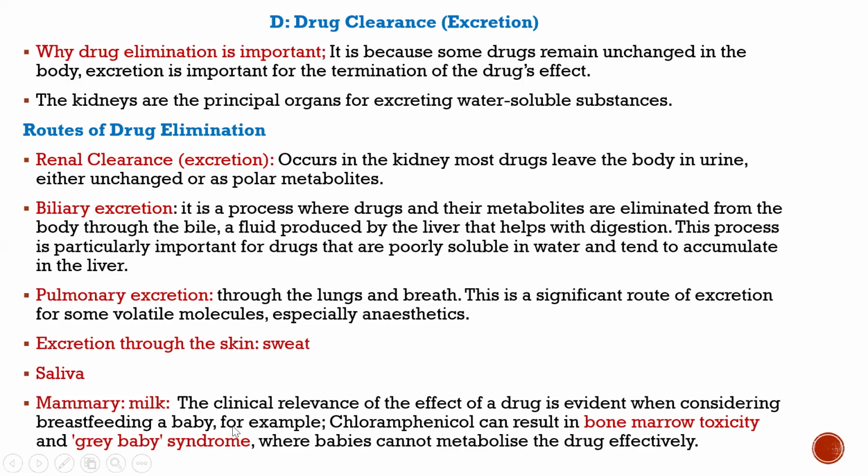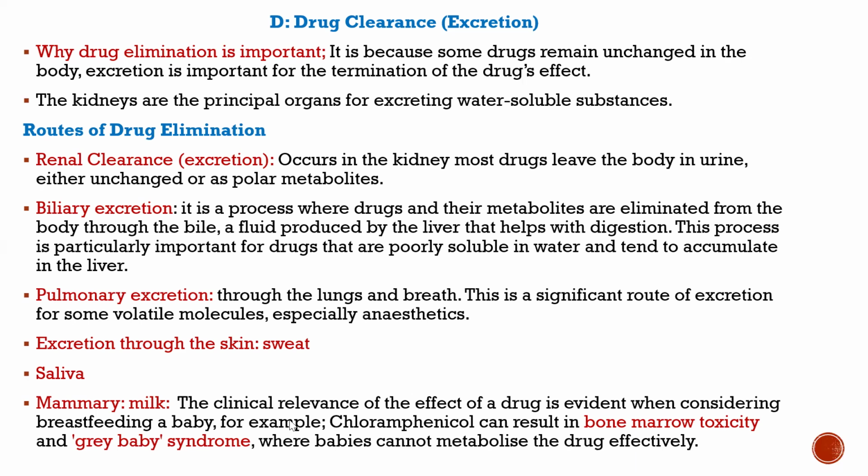So most times when a mom, a breastfeeding or lactating mom, is feeding the baby, the drugs can actually pass from the mom to the baby. All right, and this can be beneficial and this can be toxic. For example, chloramphenicol can result in bone marrow toxicity and also cause gray baby syndrome, where babies cannot metabolize the drug effectively.